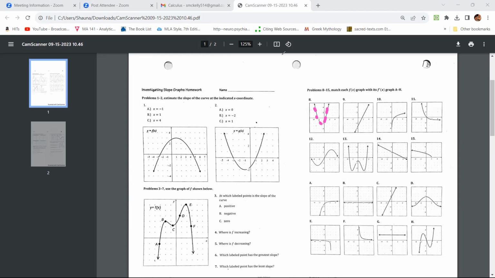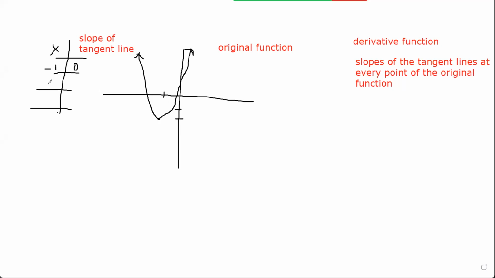If I were to graph this, let's say at 1, I think the slope is 2. And at 2, I think the slope is higher than that. Let's say 3 or 4.